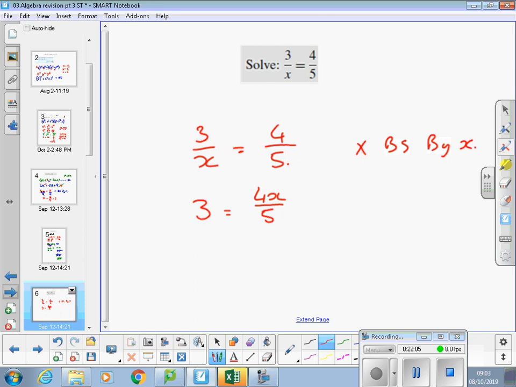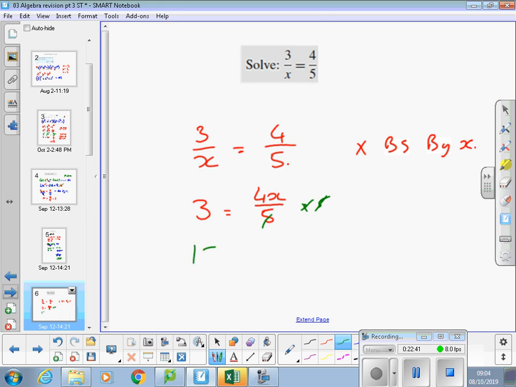Next, what would you do next? Multiply by 5. Yeah, we want to lose this. So if we multiply this by 5, they cancel out. But we must multiply that side by 5.